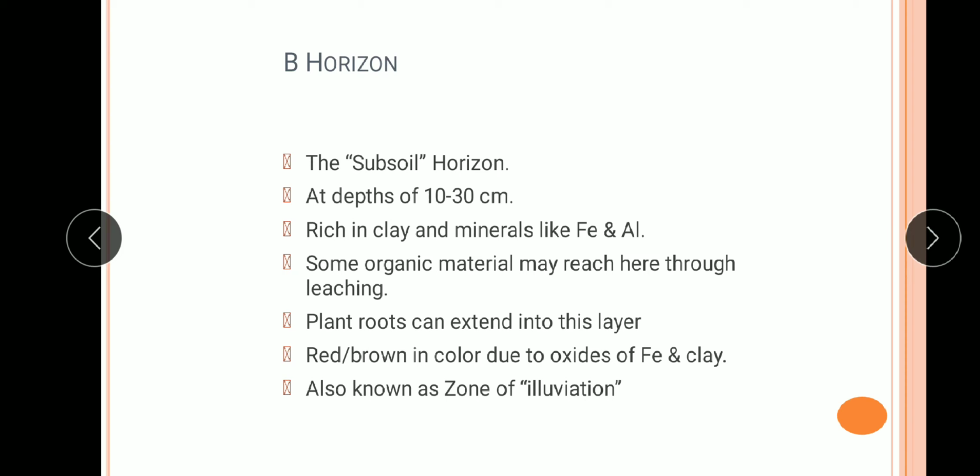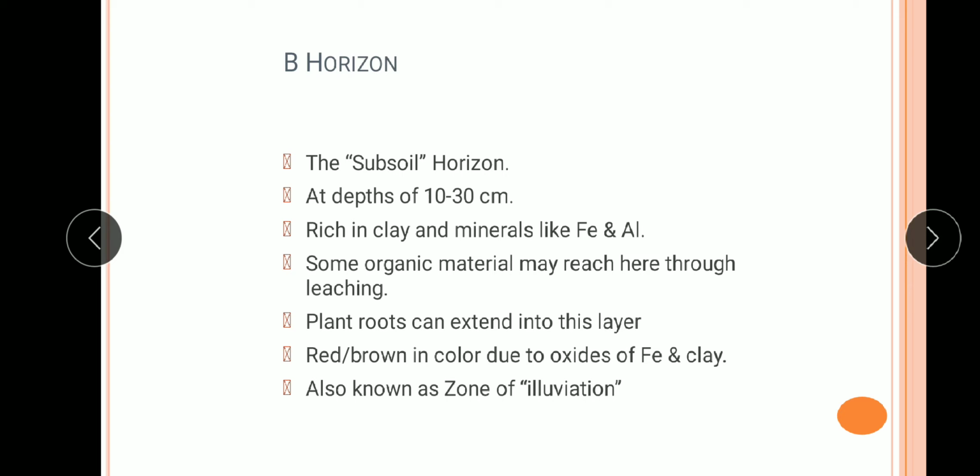The next one is the B horizon, the subsoil horizon, at a depth of 10 to 13 centimeters. It is rich in clay and minerals like ferrum, that is iron content, and aluminum content. Some organic material may reach here through leaching.